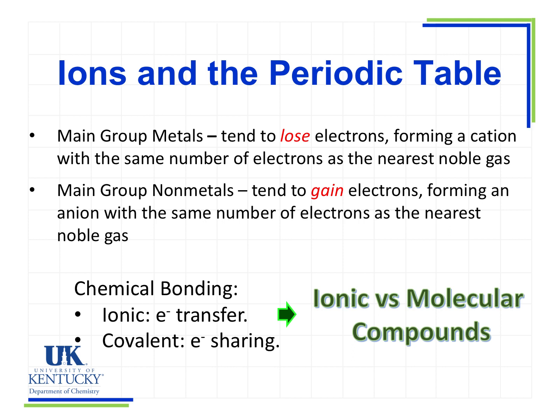So, ions and the periodic table. We talked about the concept of how metals and non-metals prefer to lose or gain electrons. Metals tend to lose electrons and form cations, and non-metals prefer to gain electrons and form anions, and they reach the same number of electrons as the nearest noble gas.